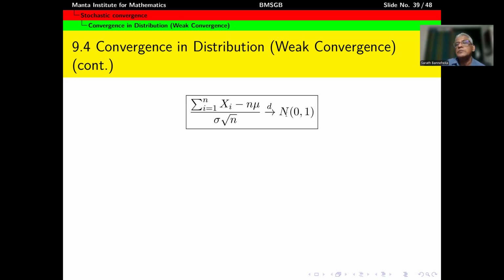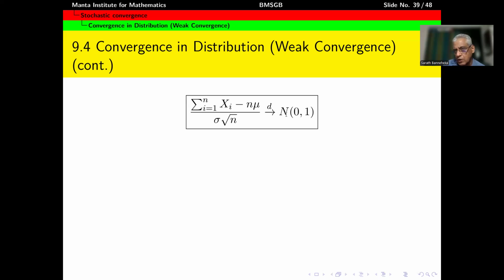Especially if the distributions of X1, X2, X3, and so on that we are considering, the original random variables, have a very skewed distribution, then the central limit theorem will not be valid even if n is equal to 30. Even if n is equal to 40, it may not be valid, right? So you may require n equal to maybe 50 or 60, even 100 for the central limit theorem to be valid.